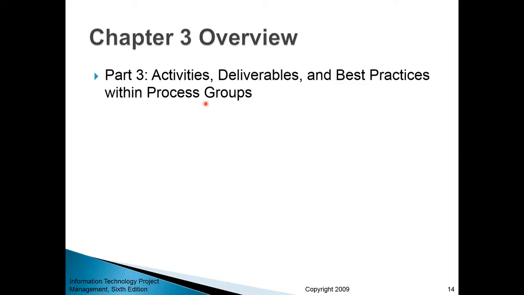This part of the chapter is more of a high-level and, I guess, disorganized overview of all those activities, deliverables, and best practices, because the entire course is devoted to understanding activities, deliverables, and best practices in each of the project management process groups. So we cannot have an overview of all the activities, all the deliverables, and all the best practices within the confines of one class.